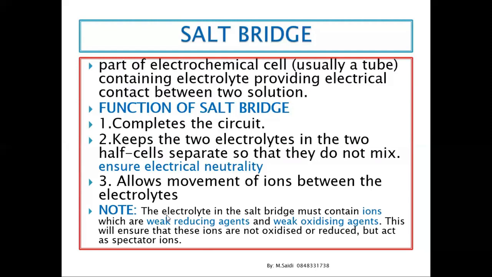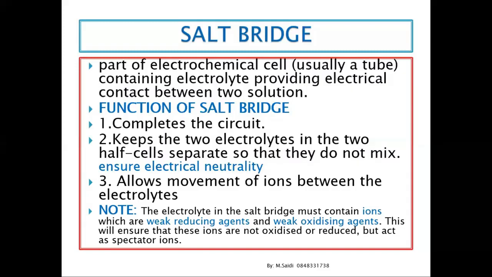Note, the electrolyte in the salt bridge must contain ions which are weak. They must be weak reducing agents and weak oxidizing agents. The reason why they must be like this is so that they don't take part in being oxidized and being reduced.